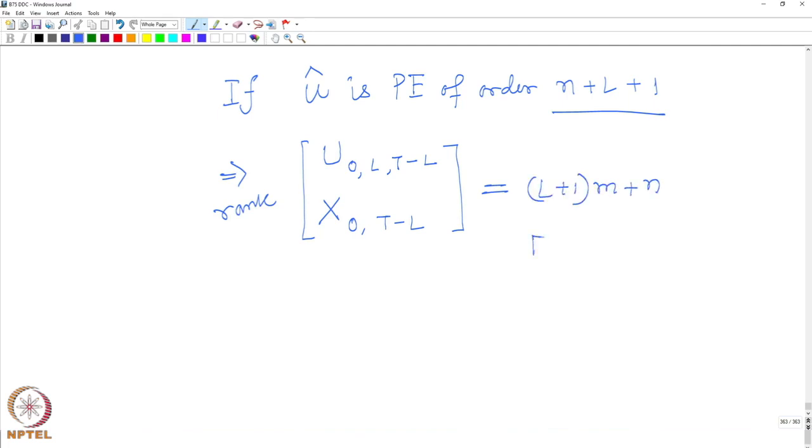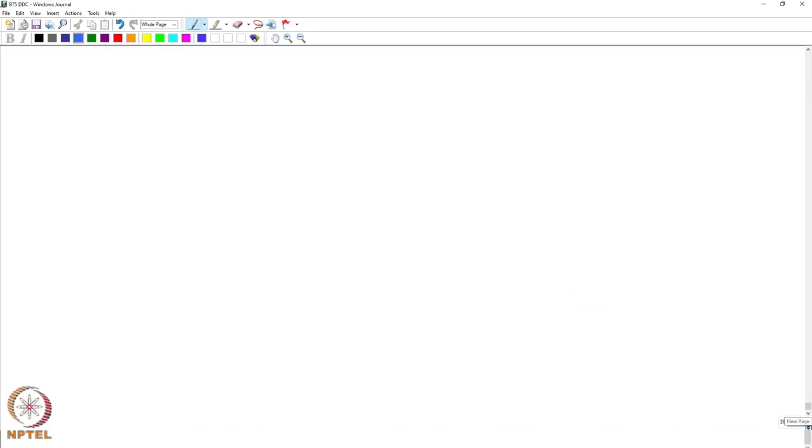In other words, this is full row rank. That is what we have established in the last lecture, and this follows from the fundamental lemma.